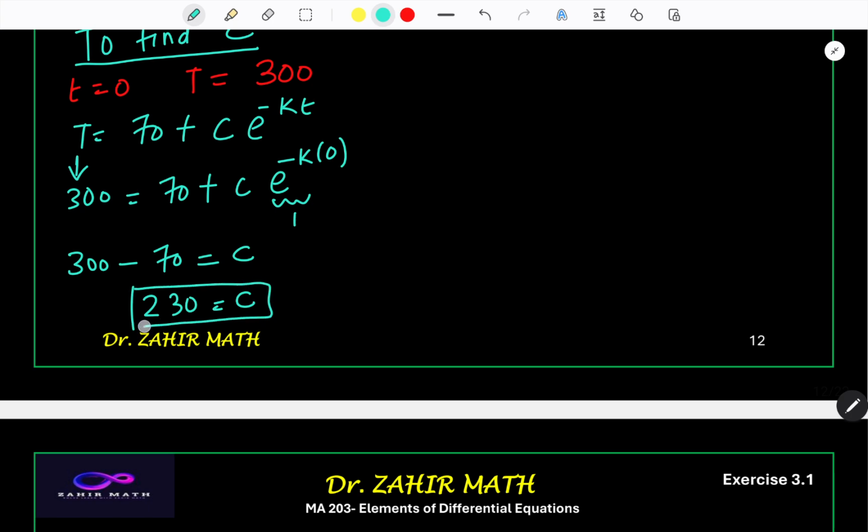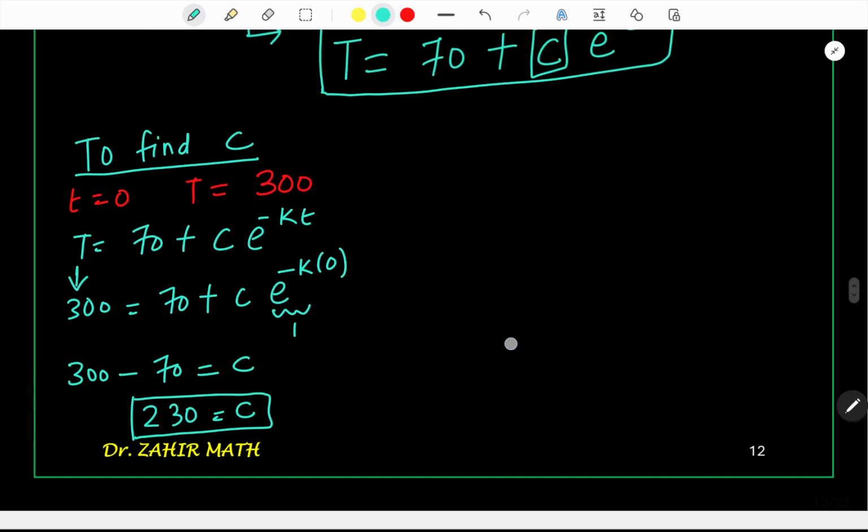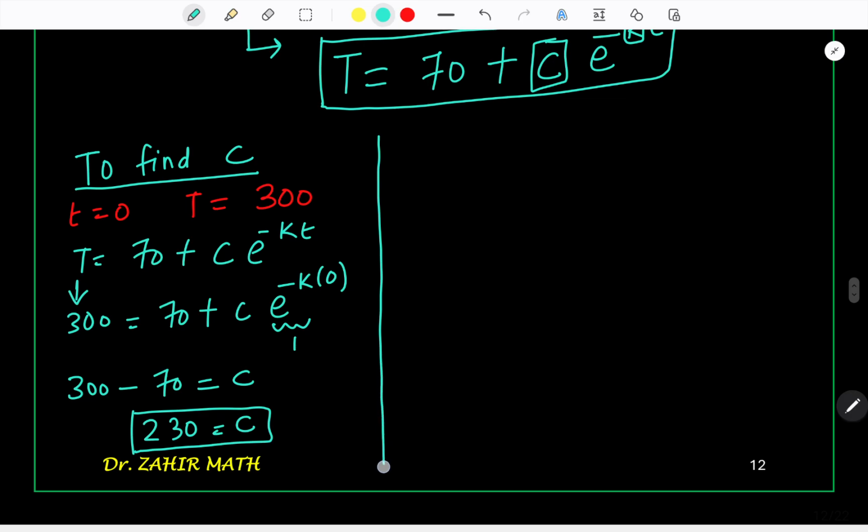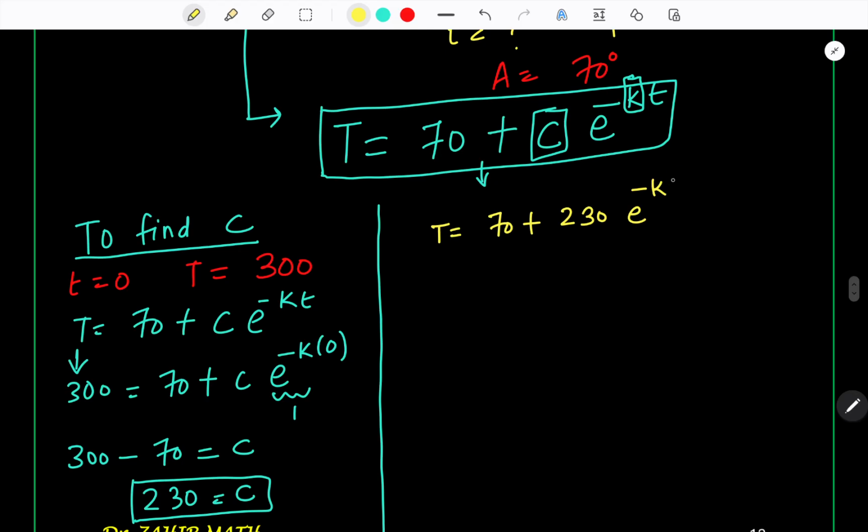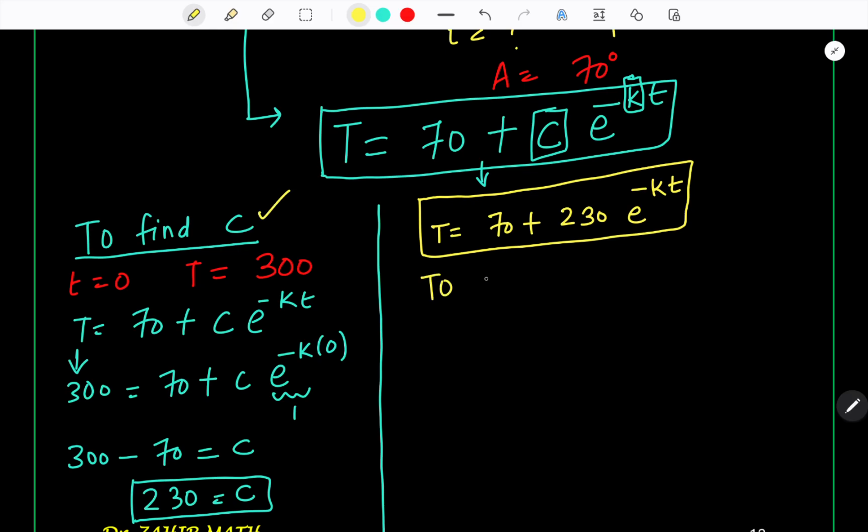So C is equal to 230. We need to go back to the equation and put it here. So T is equal to 70 plus 230 e power minus kt. We got the constant. First constant ready. Now the second constant, to find k.